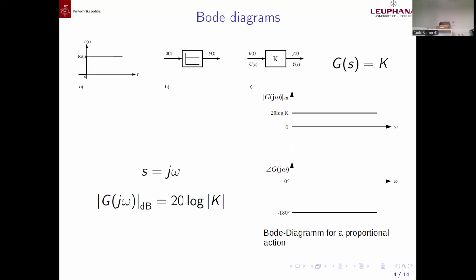In particular, it's also not exactly mathematically correct, because I have to put sigma plus or minus j omega, because with a complex expression we have a couple of solutions.